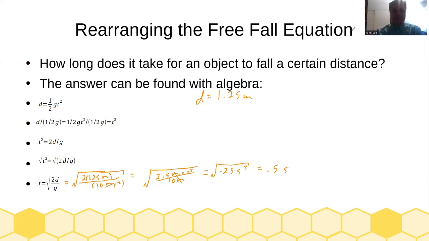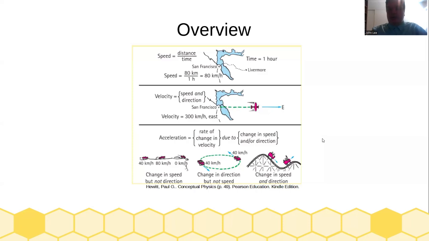In overview, we talked about rates of change and position and time for these three types of vectors: position, velocity, and acceleration. So the position vector just tells you where something is.